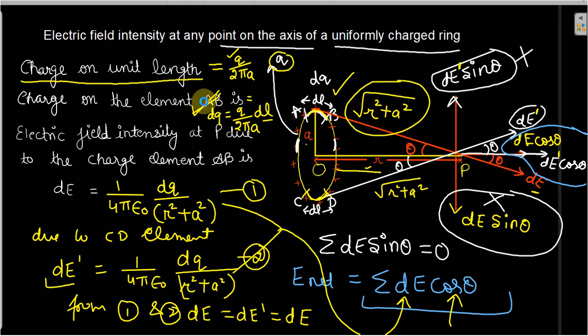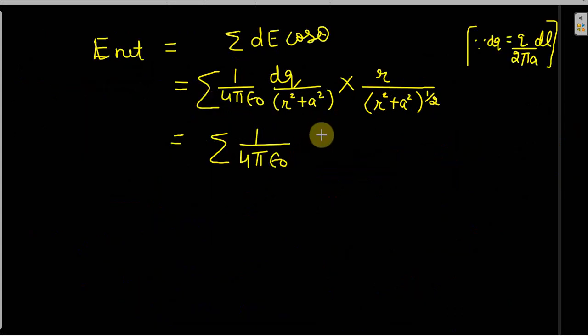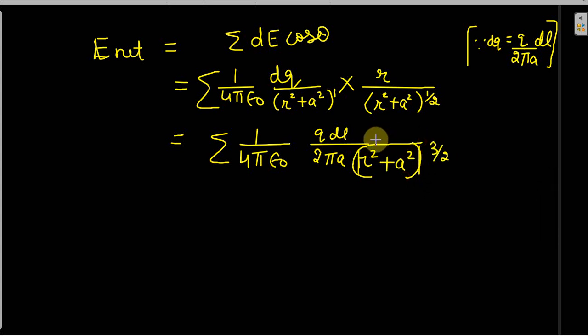So we will substitute this value of dq, that is q dl by 2 pi a, and here 1 and 1 by 2, so we will add the powers: r square plus a square to the power 3 by 2. This is your r. Alright.